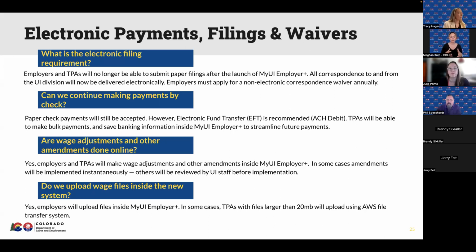One really great enhancement, and I think Julie touched on this a little bit ago, is that wage adjustments and other amendments are available online now. Previously we would not accept wage adjustments, SSN corrections, name corrections, anything along those lines outside of paper. Now we will allow you to do that. And I know there have been some questions previously about when.